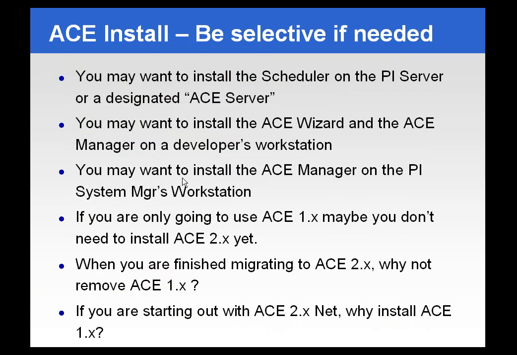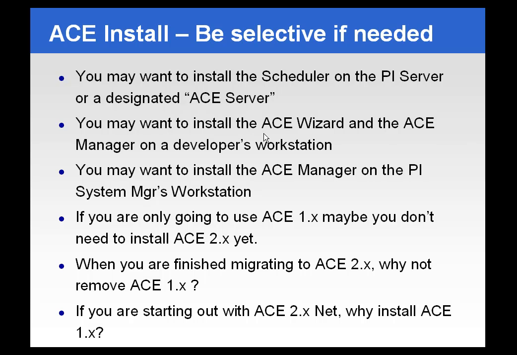And there are some reasons why you might want to not install all of them on a given machine. You may have an instance where you just have a single machine as your development environment. In that case, you may only want to install the ACE wizard or ACE manager on the developer workstation.